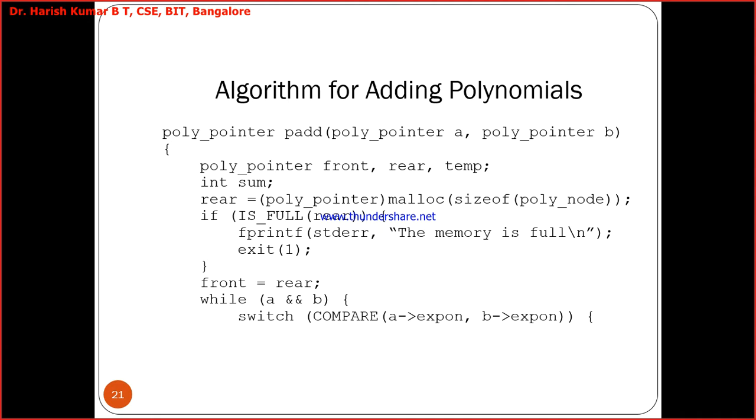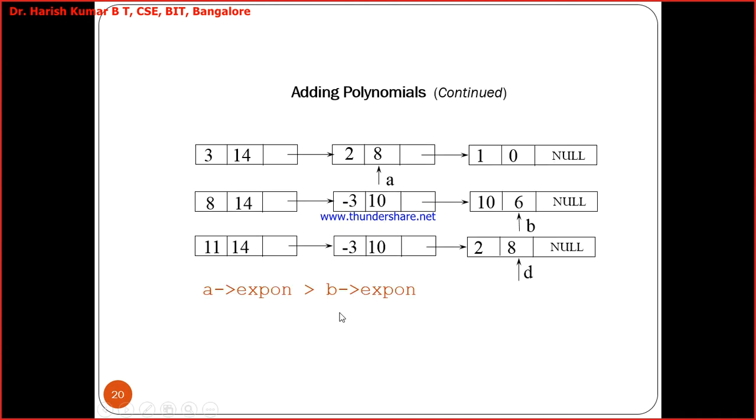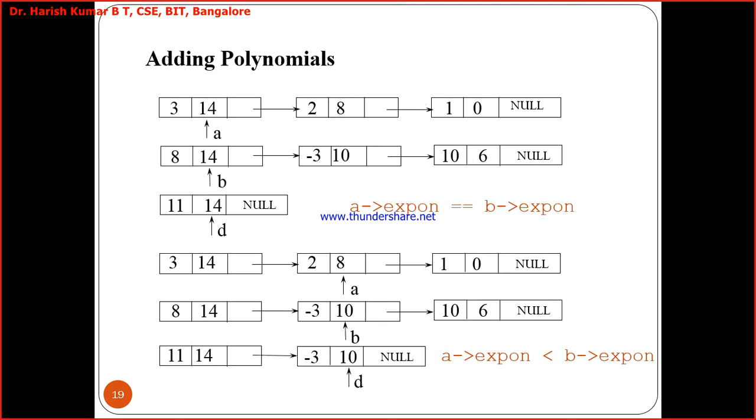When you compare, three things you are checking here. One is equal to, another is the exponent of polynomial a is lesser than the exponent of polynomial b, and another is the exponent of polynomial a is greater than the exponent of polynomial b. Whenever it is equal, compare returns 0.